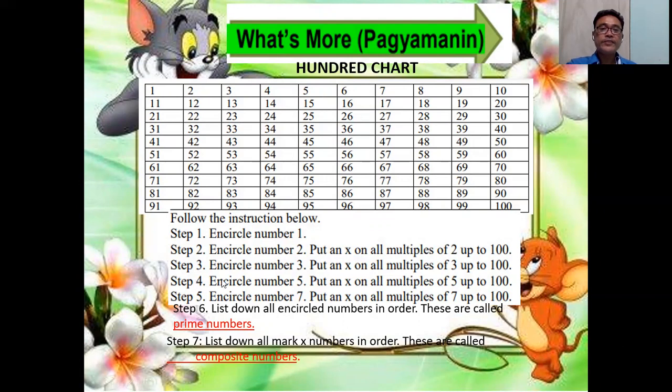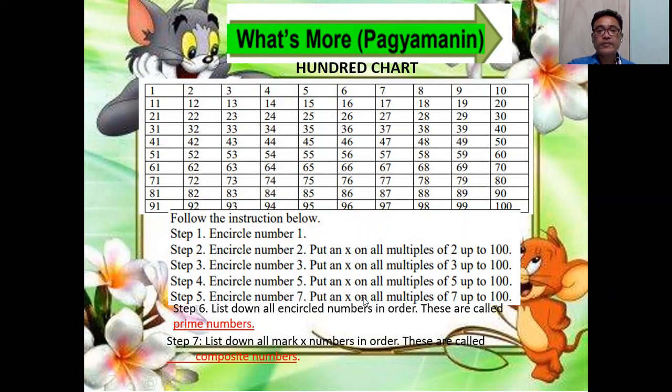Step 3, encircle number 3. Put an X on all multiples of 3 up to 100. Step 4, encircle number 5. Put an X on all multiples of 5 up to 100. Step 5, encircle number 7.